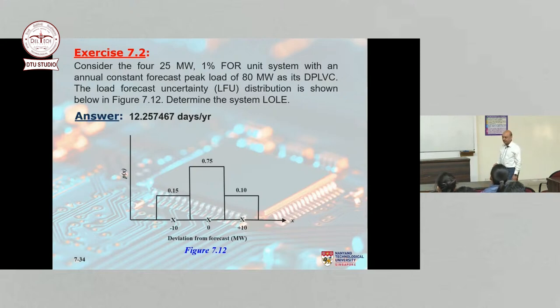Exercise for your doing pleasure. And now the load uncertainty is modeled like this. So you don't have to model it by a normal distribution all the time. It can be discrete, yeah, depends on your data, right? If you think your load uncertainty varies like this, whereas the mean is existing for 75% of the time, but it deviates by minus 10 megawatt 15% of the time, and it deviates by plus 10 megawatt 10% of the time.